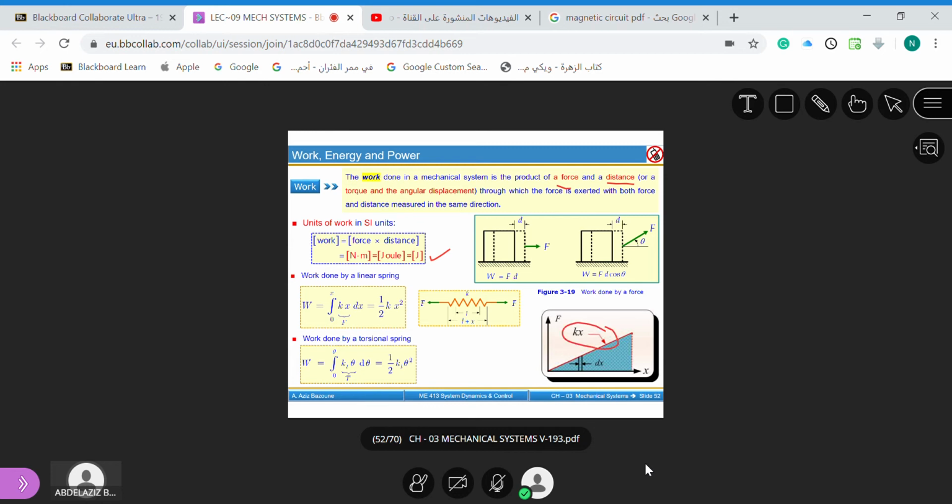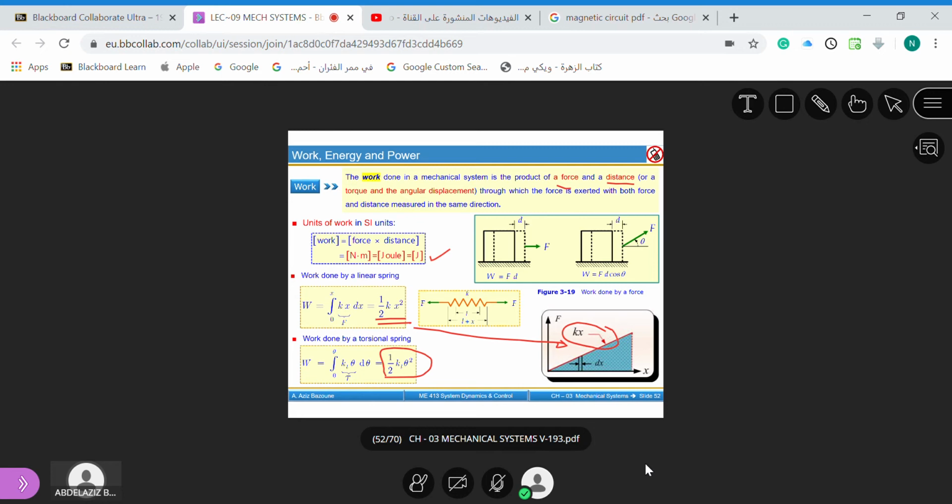It's a linear relationship. Then W will be the integral from 0 to x of kx dx. If you integrate this, you will find that it is only the area of the triangle, half k times x squared. Similarly, for a torsional spring, the work done will be half kt theta squared.